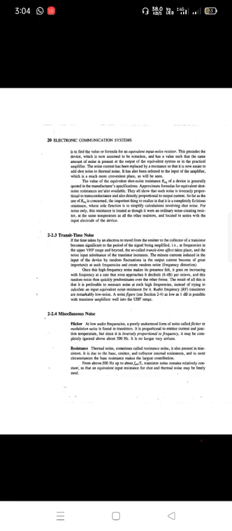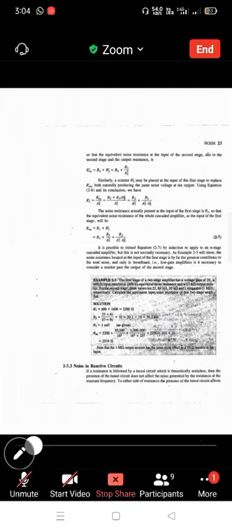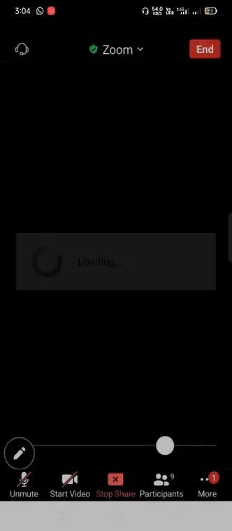Noise voltage is 4kTRΔf, and shot noise, transit time noise we have seen. Then we have solved numericals, and yesterday we have seen the noise of several amplifying stages. And noise in reactive circuits, this we have to discuss today.